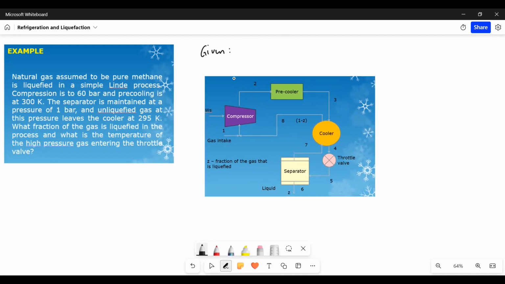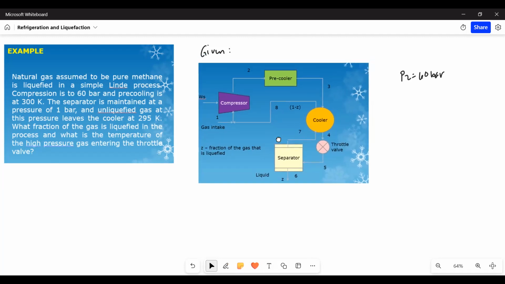So P2 equals 60 bars. And then pre-cooling is at 300 Kelvin, so it means that after leaving the pre-cooler, the temperature is 300 Kelvin.